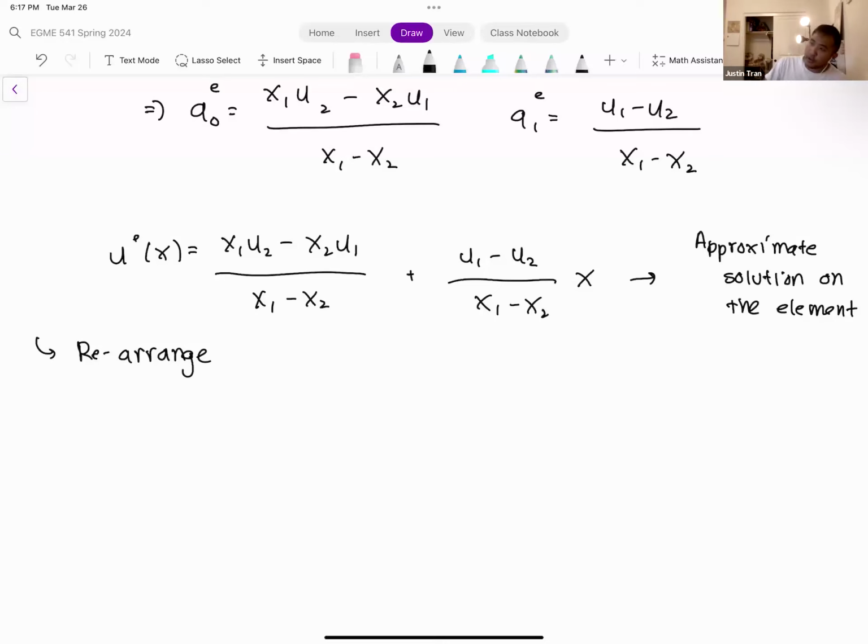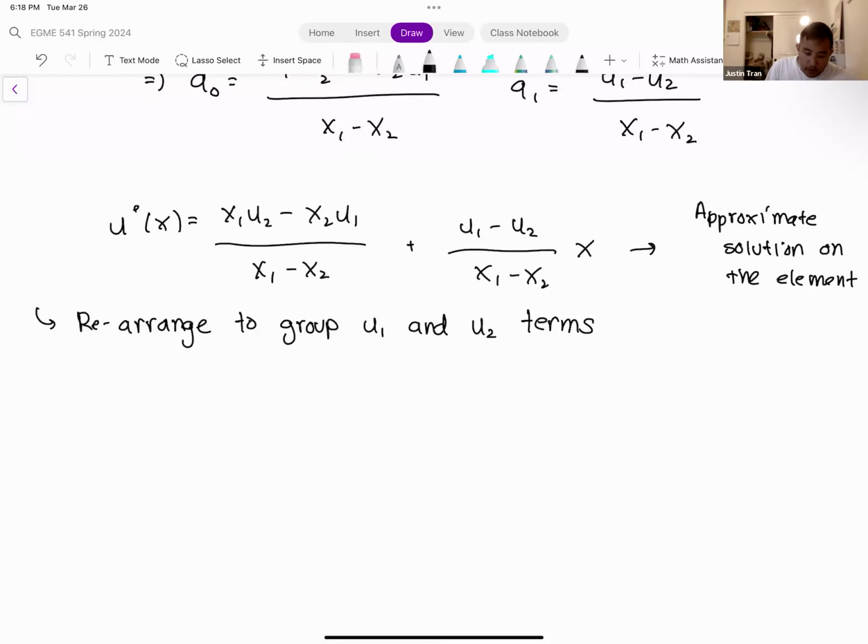We should be able to group all the terms that are multiplied by u1 and group all the terms that are multiplied by u2. So let's go ahead and do that.